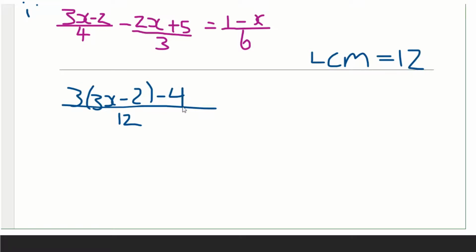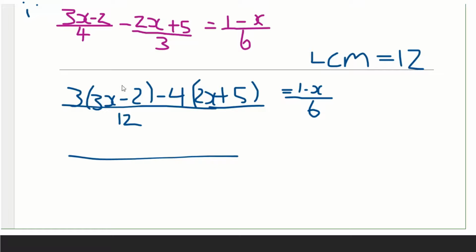That's 4 times 2x plus 5. And that's equal to 1 minus x over 6. So we can go ahead and multiply what is inside our brackets by what is outside our brackets.